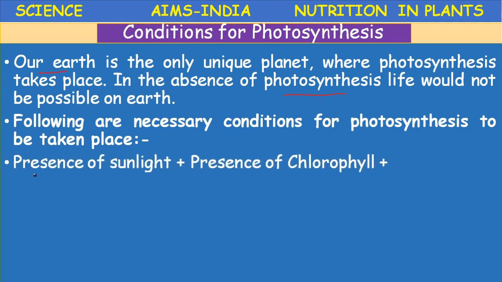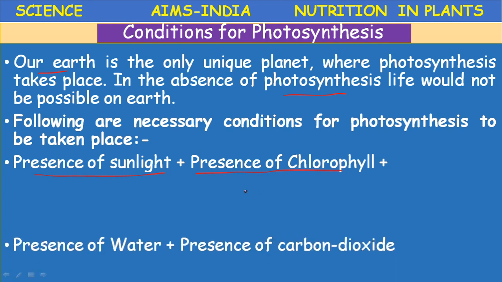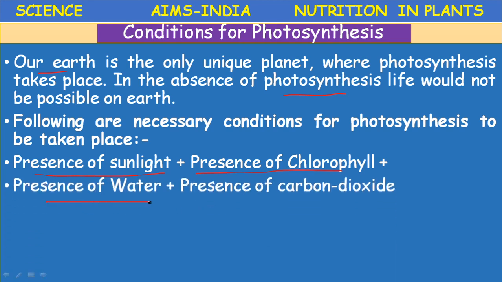What are they? Presence of sunlight, presence of chlorophyll, presence of water, presence of carbon dioxide. There are 4 main conditions necessary: sunlight, chlorophyll, water, carbon dioxide. These are the 4 necessary conditions in order to undergo photosynthesis.